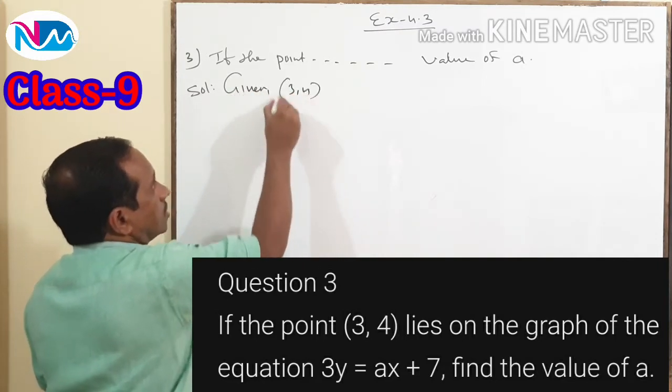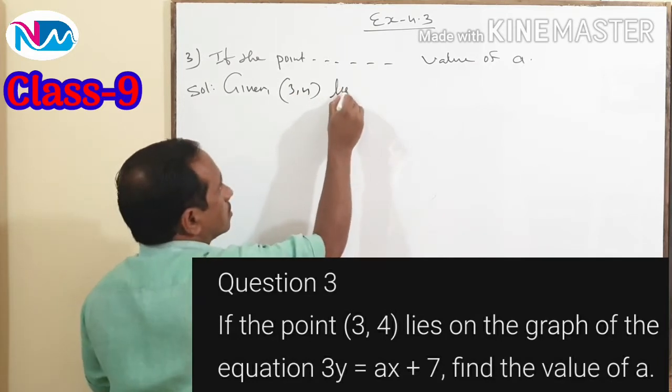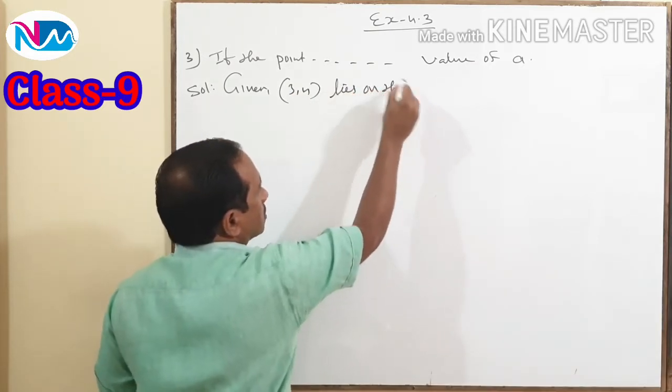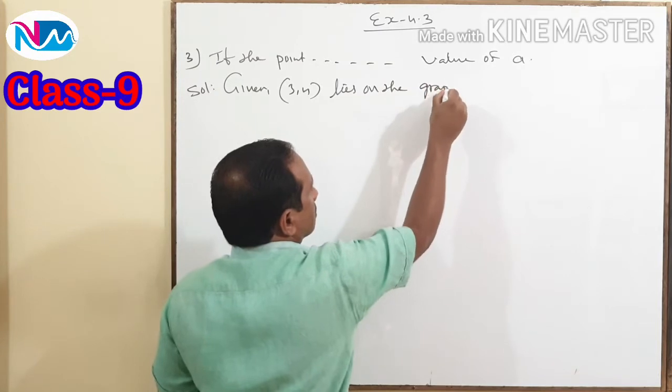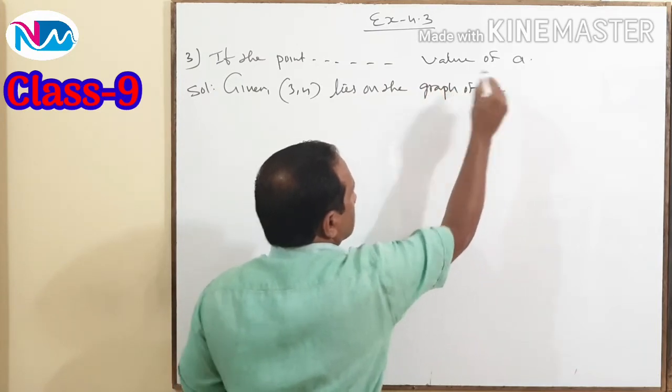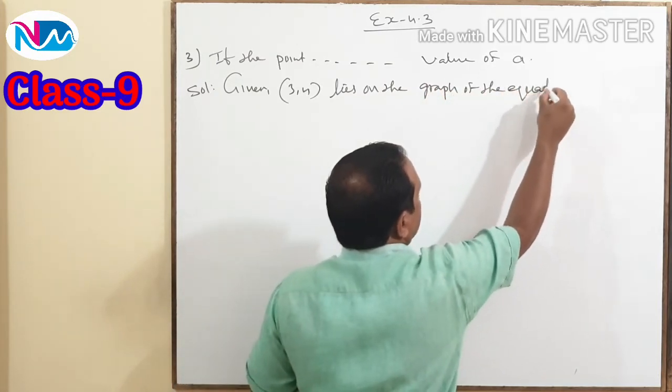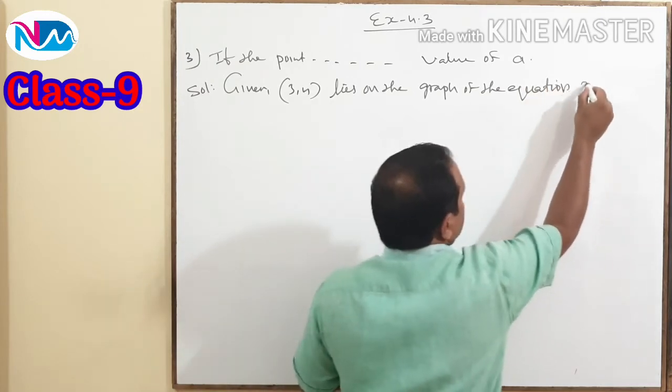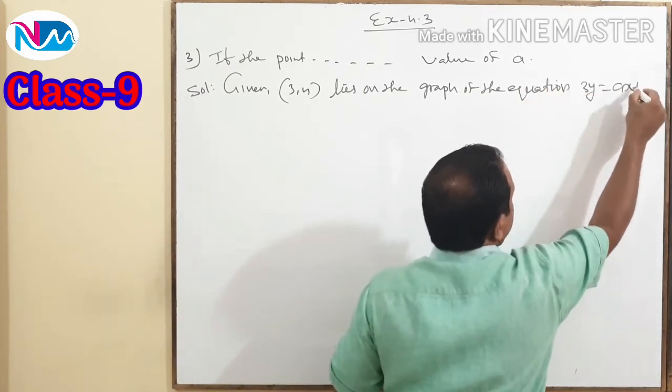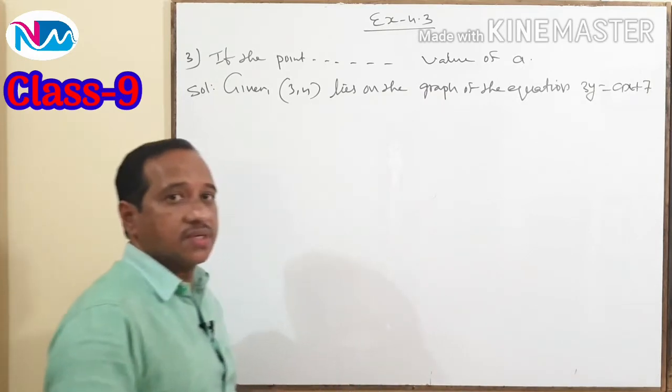Given the point (3, 4) lies on the graph of the equation 3y = ax + 7.